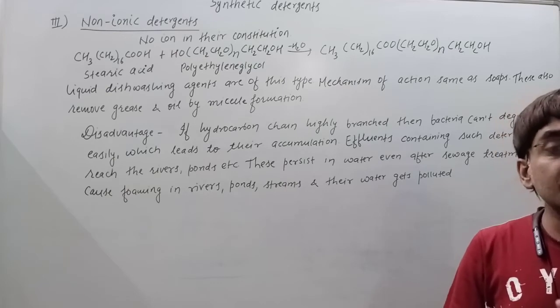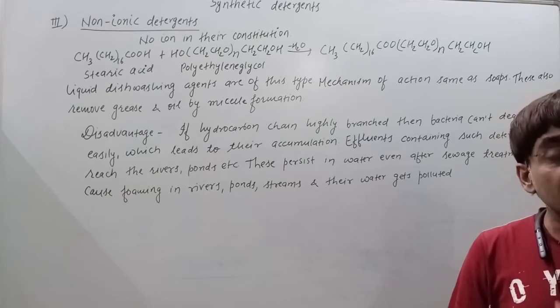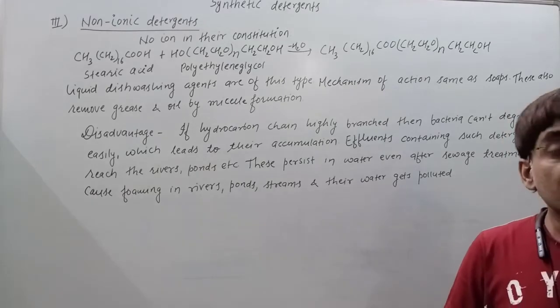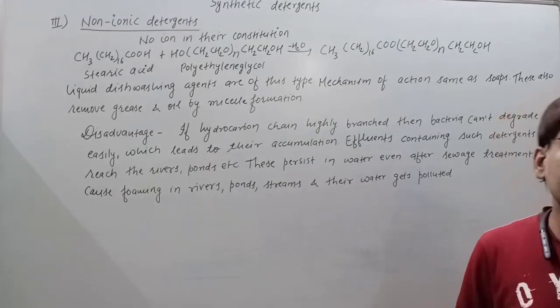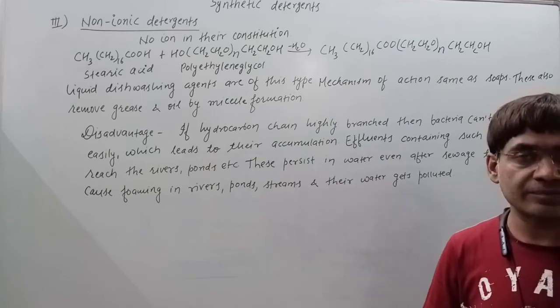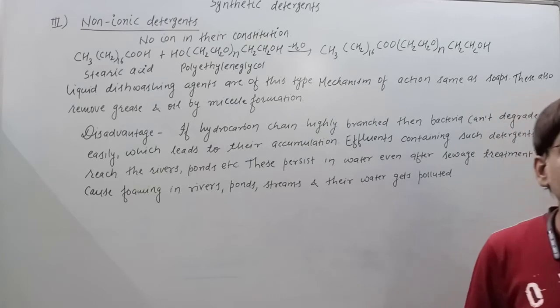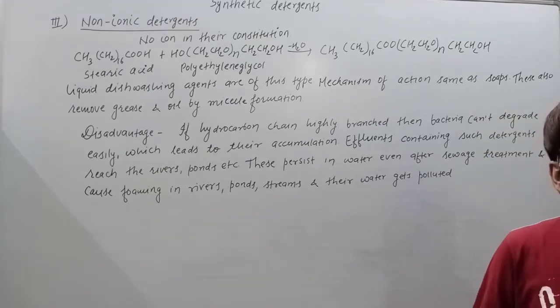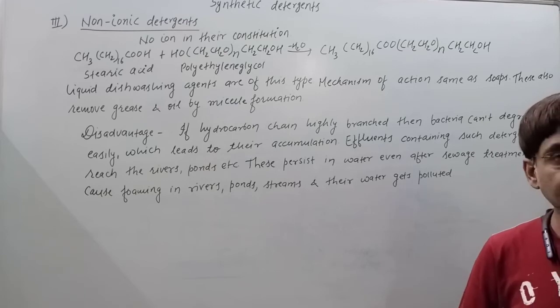They are going to accumulate in water resources. From there, in the form of effluents, they mix into water resources like rivers, ponds, and streams. So these detergents, the ones which contain branched hydrocarbon chains in their structure, are getting accumulated.